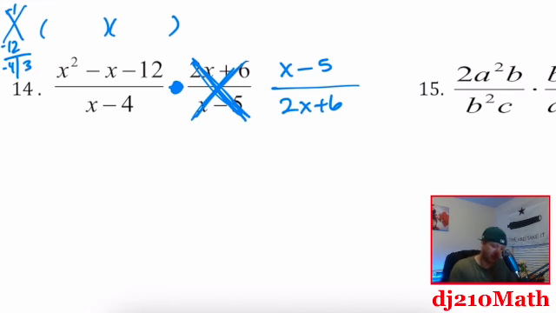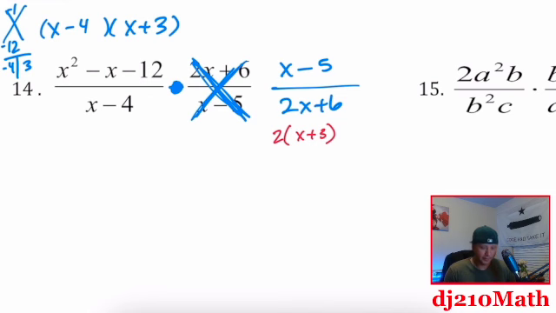So x minus 4, x plus 3. Okay, so here we can take out a GCF, greatest common factor. 2 and 6 are both even numbers. I can take out a 2. This is x plus 3.